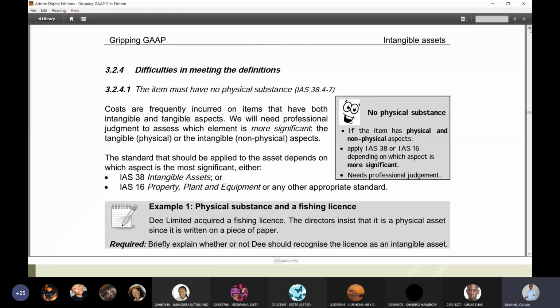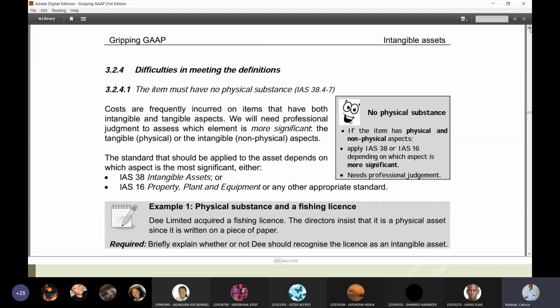Should this fishing license be recognized as an intangible asset, or should it be considered part of PPE since it's written on a piece of paper, and that piece of paper is something that is physical and it can be seen? What do you think? You may go ahead and speak.